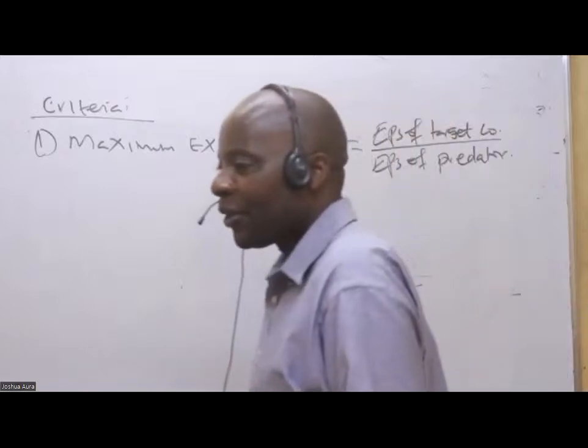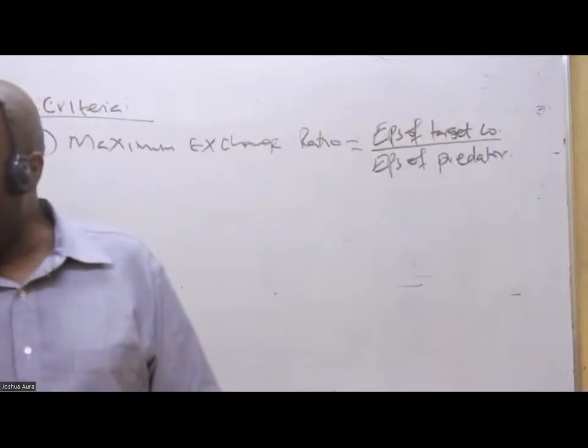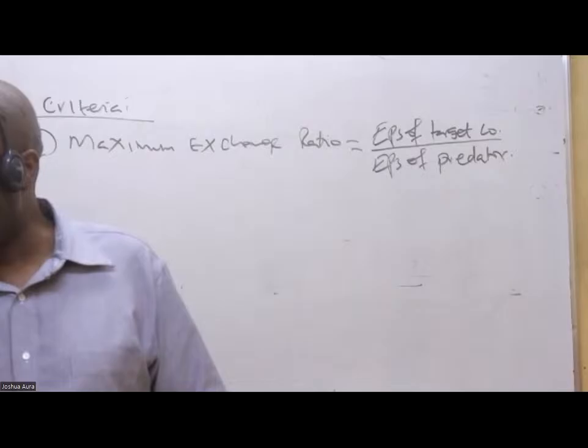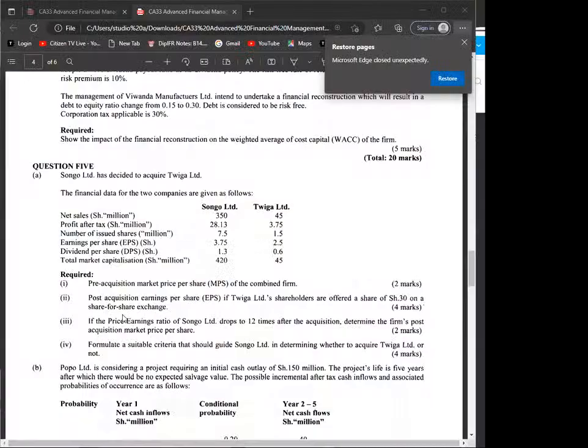Yes. So ladies and gentlemen, are you able to see this EPS of the target company from the question? Is there somebody who can see the EPS of the target company? Right. Thank you very much.